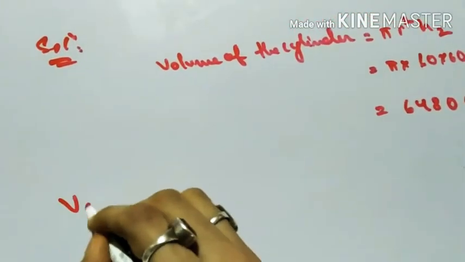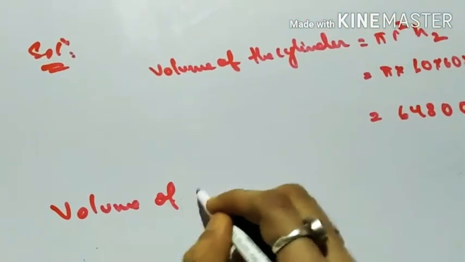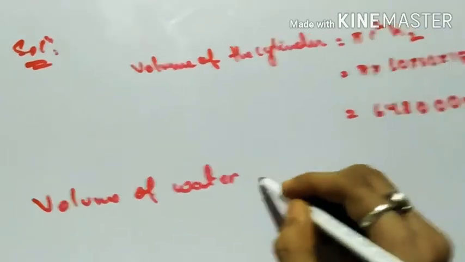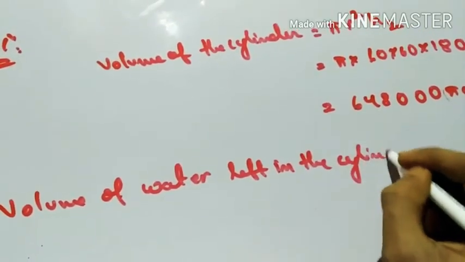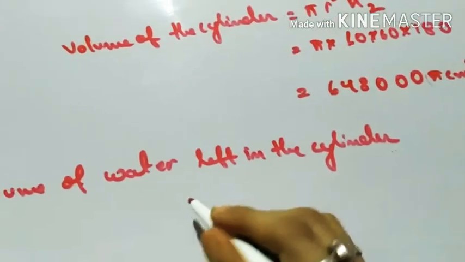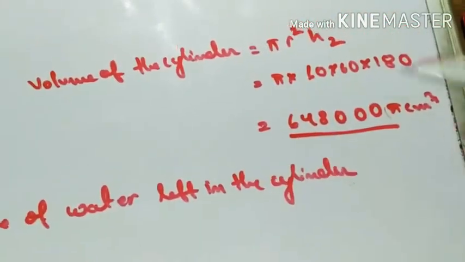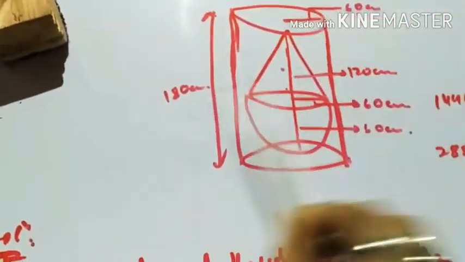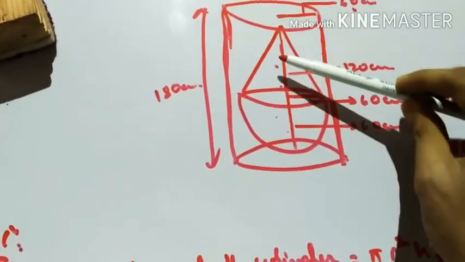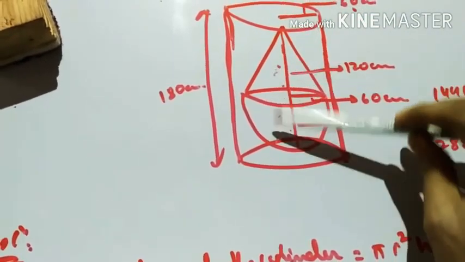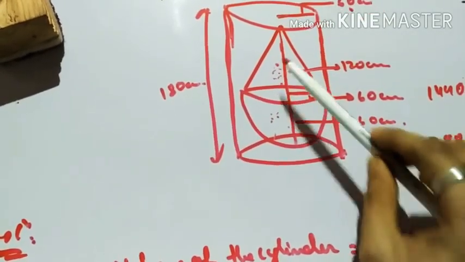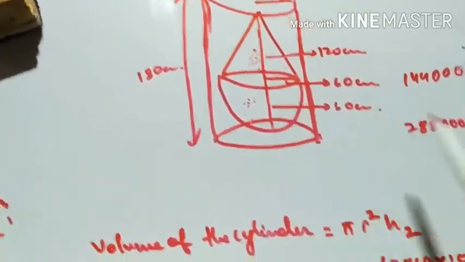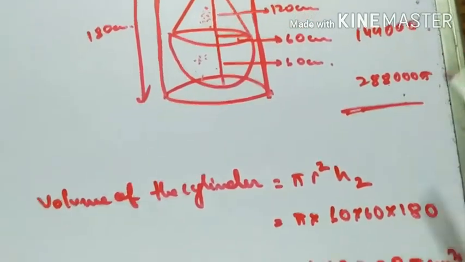Now I will have to take out the volume of water left in the cylinder. Volume of water left in the cylinder will be the volume of this cylinder minus the total volume of cone and hemisphere, which I have already got.